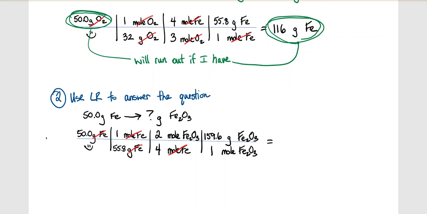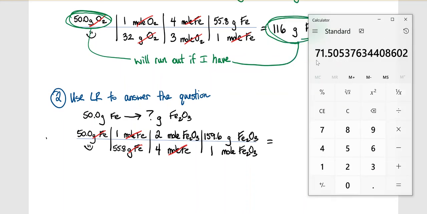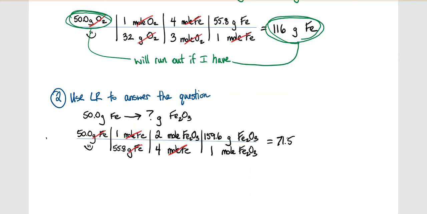And if you do this in your calculator, 50.0 times 2 times 159.6 equals, divided by 55.8, divided by 4, 71.5.